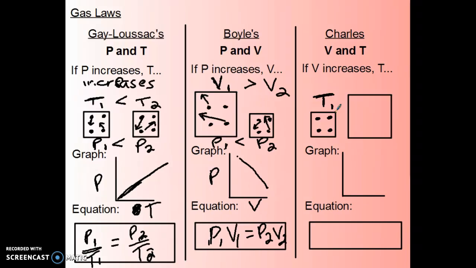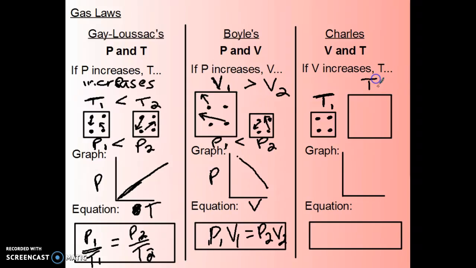It will grow bigger. If we increase the volume, that gas has to move faster to be able to maintain the same pressure. And this is why if we're holding pressure constant, the volume would be larger for a higher temperature.